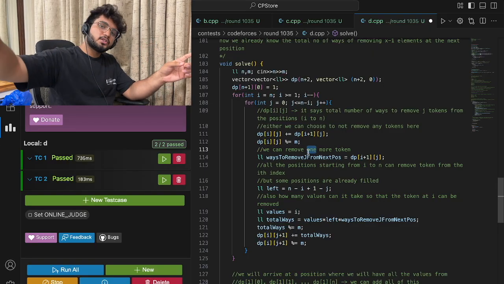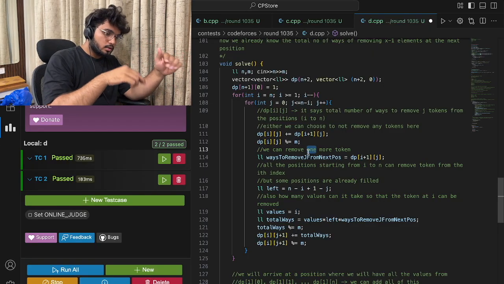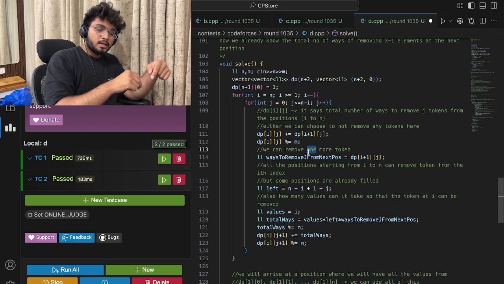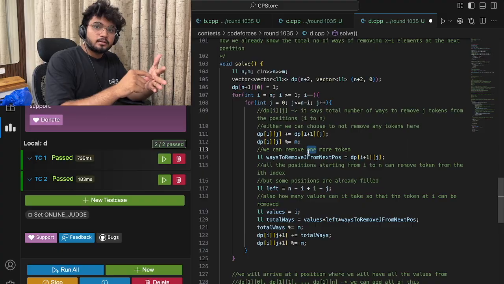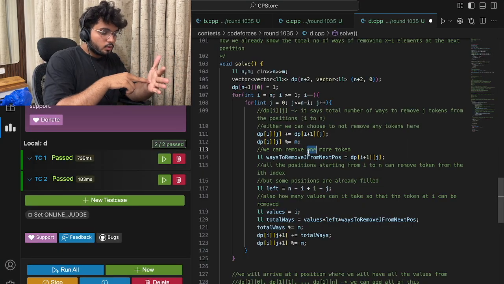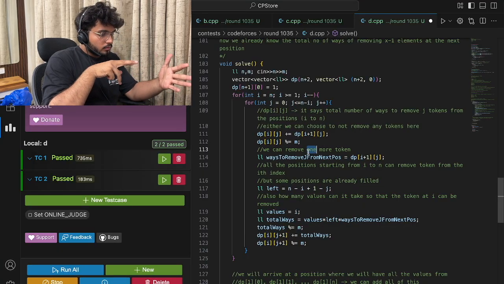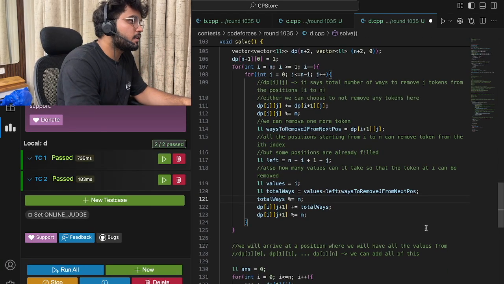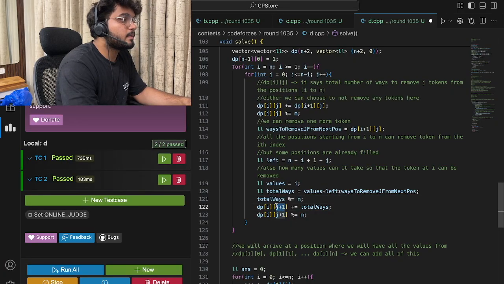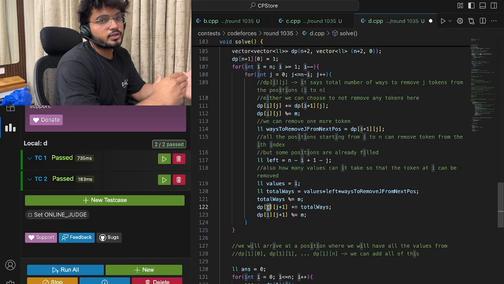Any one of those positions can be used to delete the current token, and any of these positions can take values from 1 to i, right? So i into left positions into the total number of ways to remove j tokens from the next position. This will give us how many ways there are to remove j plus 1 tokens starting from position i to n.